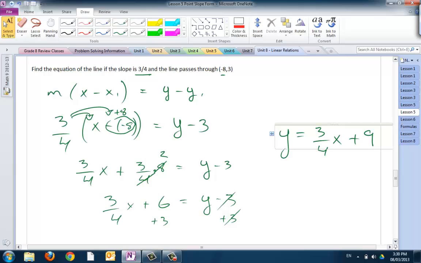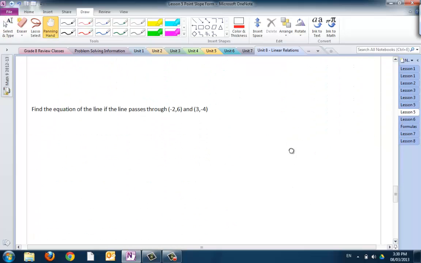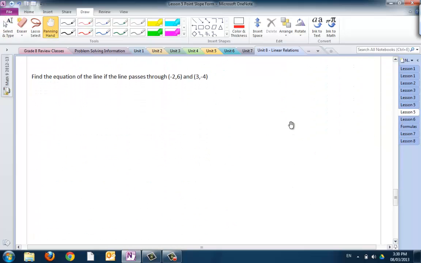Okay, so where do we go from here? You'll sometimes be given an equation like this, where they ask you for the equation of the line if it passes through 2 points. And you can sit there and say, well, I can get the slope of that line pretty easily because I know that that's y2 minus y1 over x2 minus x1.